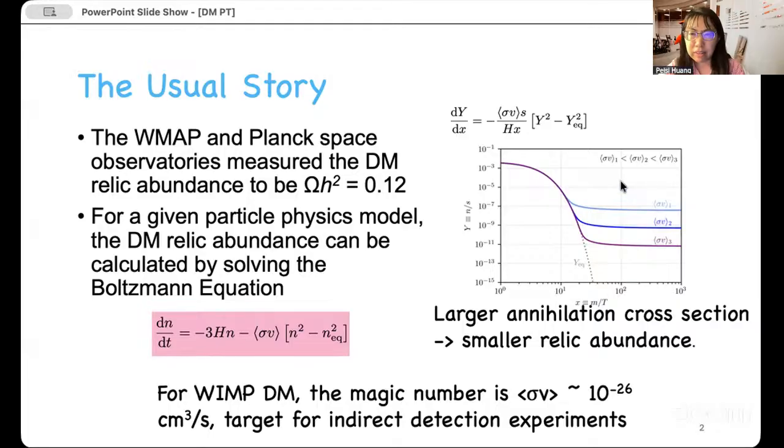The annihilation cross-sections increase from 1 to 3, and therefore we see smaller relic abundance from 1 to 3. So for a given dark matter mass, we expect a magic number that gives the right relic abundance. And for WIMP dark matter, this magic number is about 10 to the minus 26, which sets a target for indirect detection experiments.